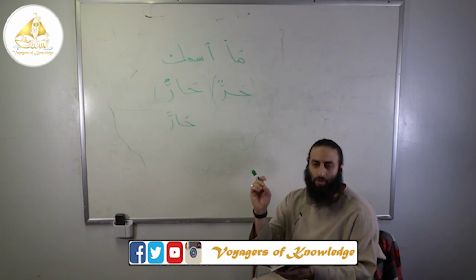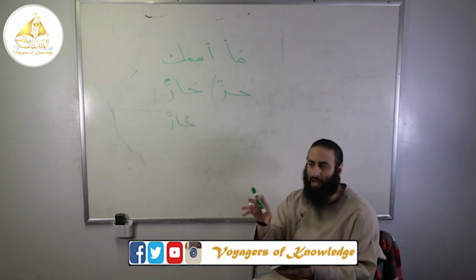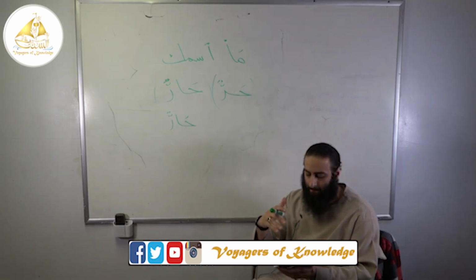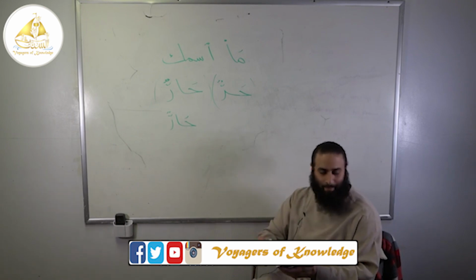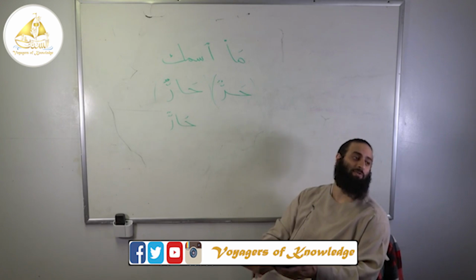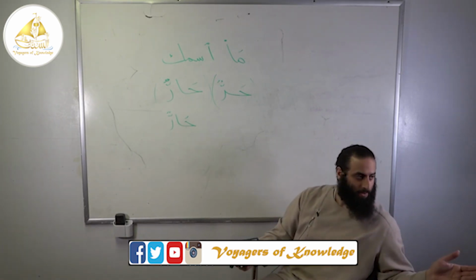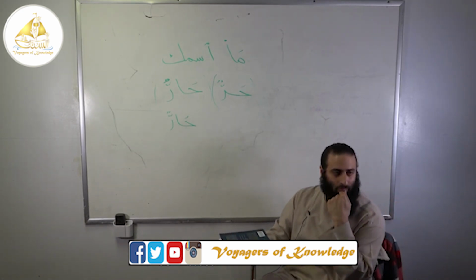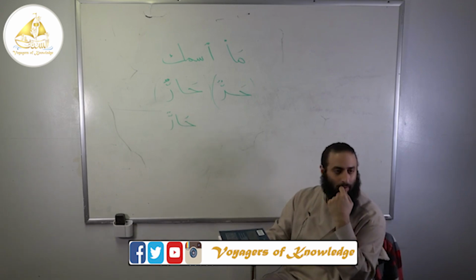So we're going to take adding these dhama'ir, like ka and hu, to a word. Ismuhu is the same: what's his name? If you put hu at the end of a noun, it becomes his instead of your. Kayfa haluhu is different from kayfa haluka. Kayfa haluhu: how is he doing?